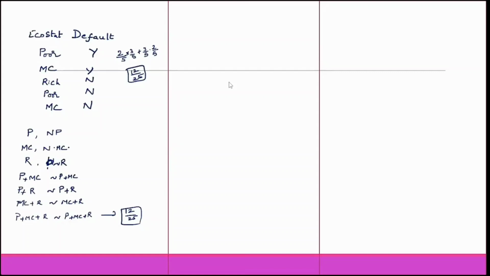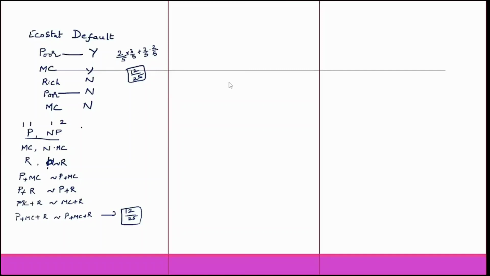But if I look at the first group, poor and not poor: in the poor group, we have one yes and one no, and in the non-poor group, we have one yes and two no's.